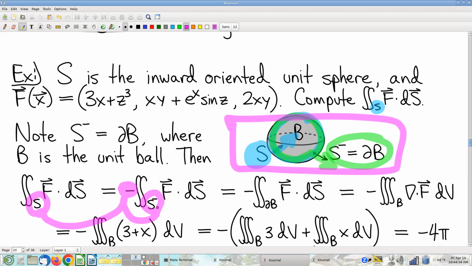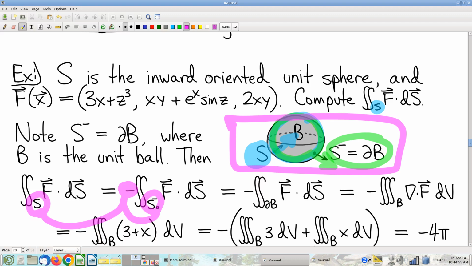Orientation means a minus sign in the evaluation. Is that cool? So what I've done then is I've connected the non-boundary question that we were explicitly asked to a boundary question, which is easy, for which we have tools anyway, I'll say.